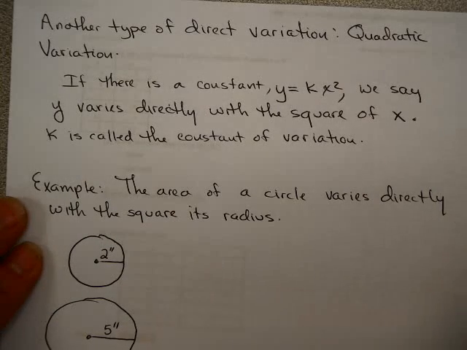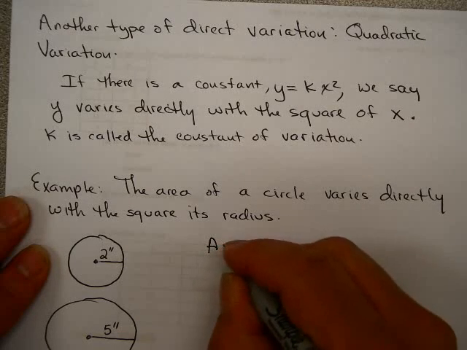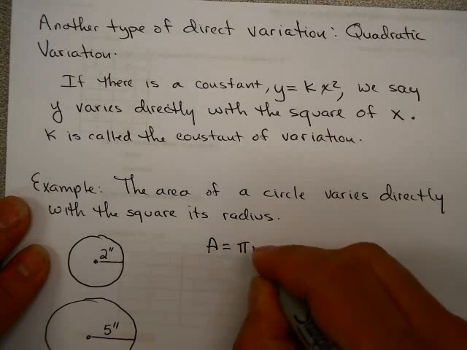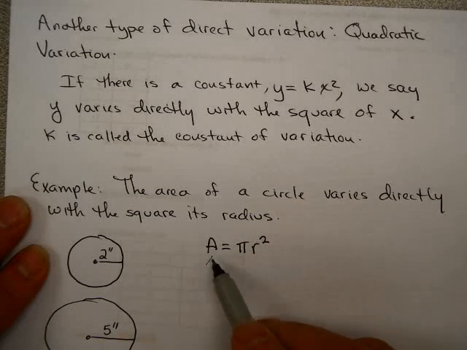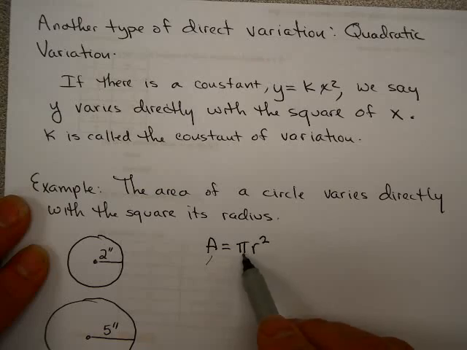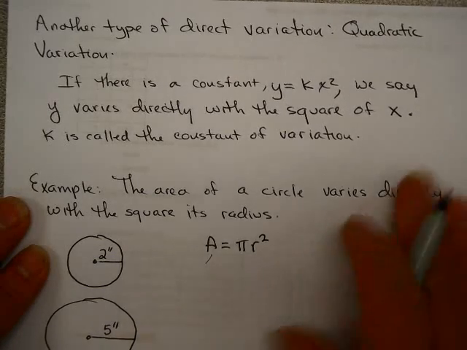Some examples from real life that you might know. What is the area of a circle? You probably know that the area of the circle is pi r squared. Well, here's the input and here's the output, and you could say that area varies directly as the square of the radius. Give you an example.